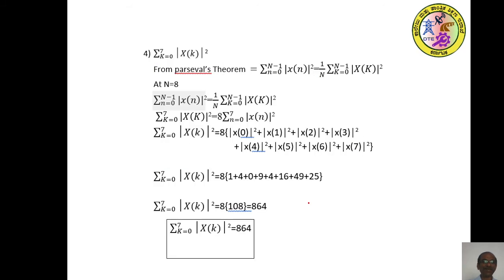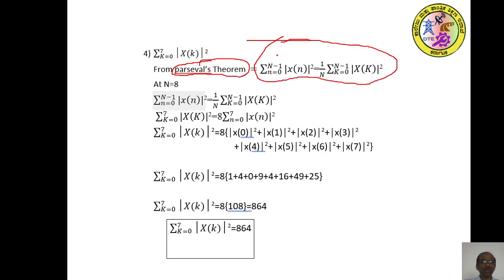Let us try the next one: modulus of X of k whole square. When you get modulus of X of k whole square, you must recall the property called Parseval's theorem. Modulus of X of k whole square under summation comes only in Parseval's theorem. So, first write the definition of Parseval's theorem; we know this formula.